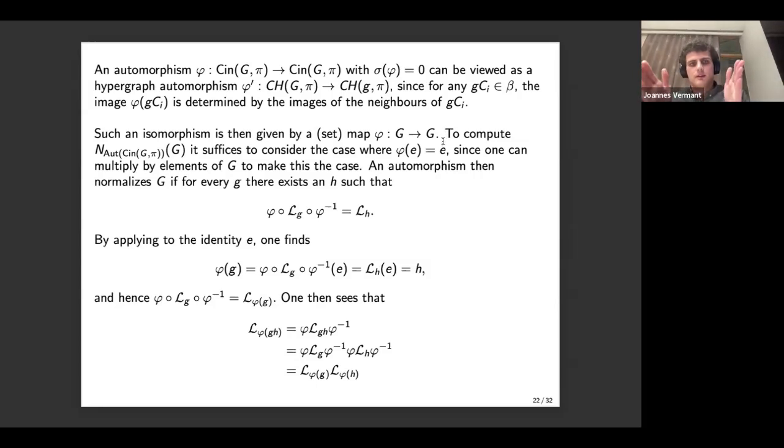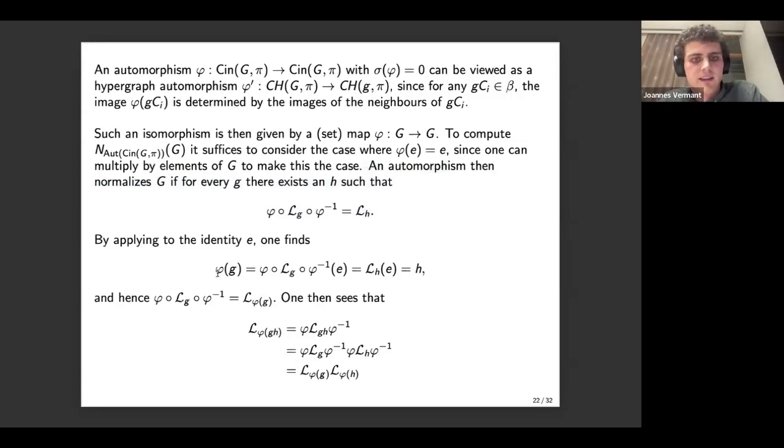So first you can reduce to this case that phi of the identity is equal to the identity, since one can always multiply on the left by some elements of G to make this the case, because elements of G are in particular contained inside of this normalizer. And then by definition, this is the condition for the automorphism phi to be in the normalizer.